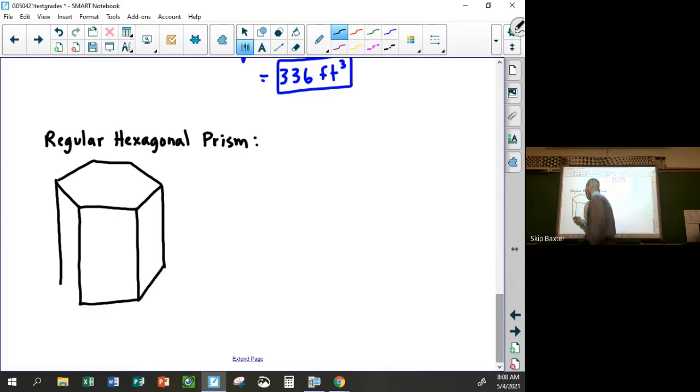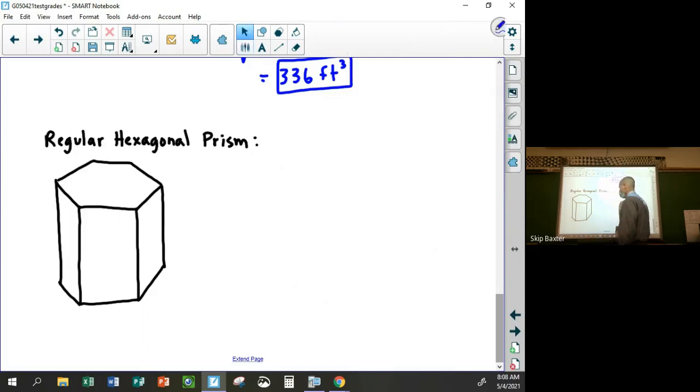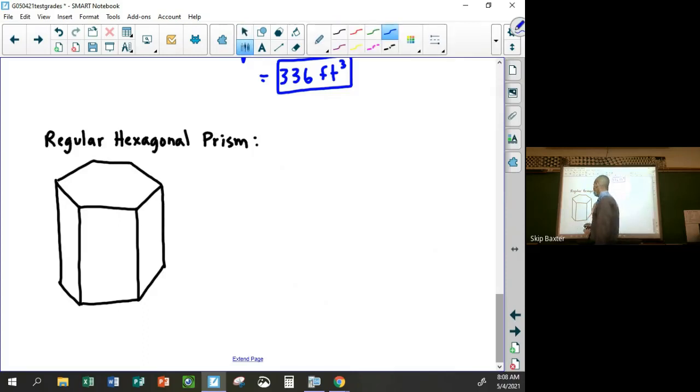And suppose we had some measurements like, let's say the length of a side of the hexagon is 8 millimeters. And let's say the height of the prism is 12 millimeters. Why do you think I always pick the length of the side of a hexagon to be an even number?